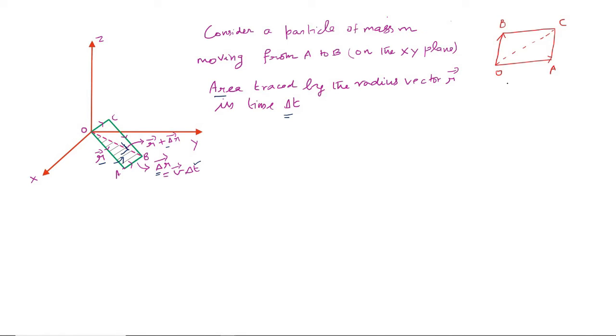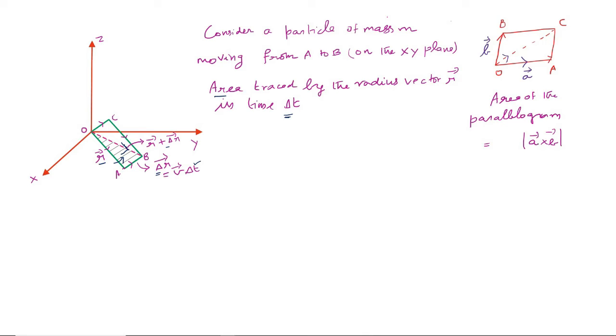So this is the parallelogram. OA is vector A, OB is vector B. This is just to make you understand, so I have drawn it here separately. Then complete the parallelogram OACB. The area of the parallelogram is the modulus of A cross B, because area is going to be positive.